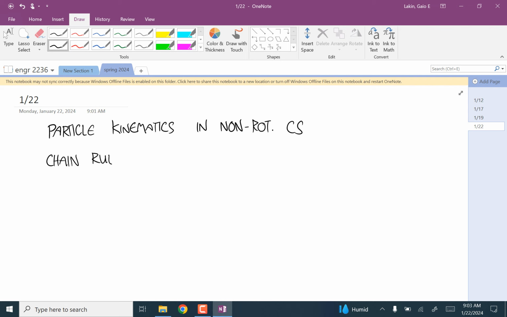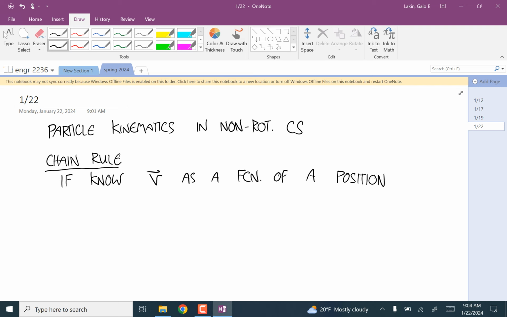And the chain rule says if you know the velocity vector as a function of a position. This is a little different wording than I used last time. The one I used last time is fine, but this is fine too. As a function of a position component, let's say.